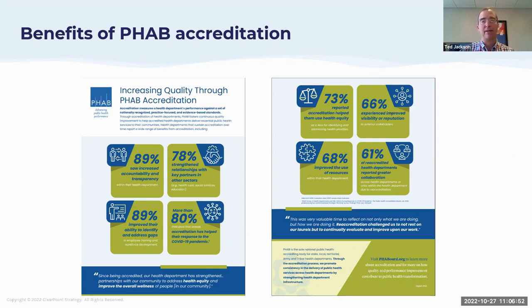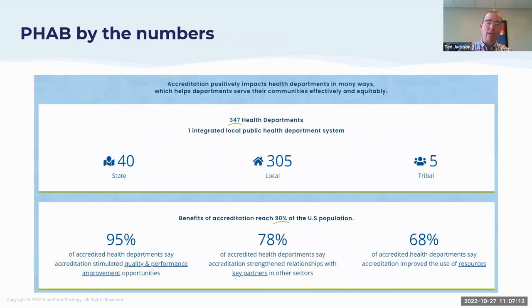So there are a lot of benefits of looking at your overall processes and the way you manage public health in your county or in your state, in your tribal area, and being accredited, saying, are we tracking to best practices, right?